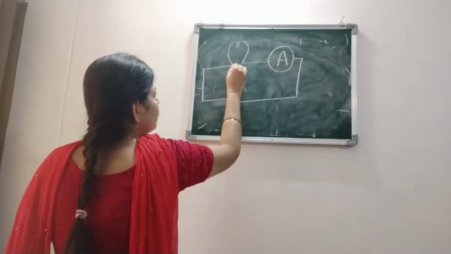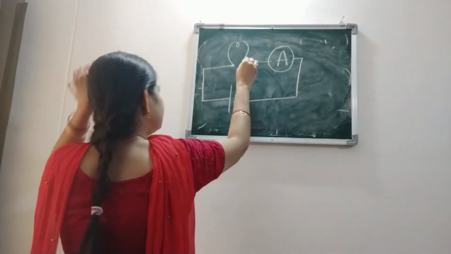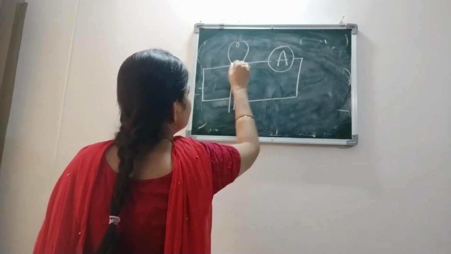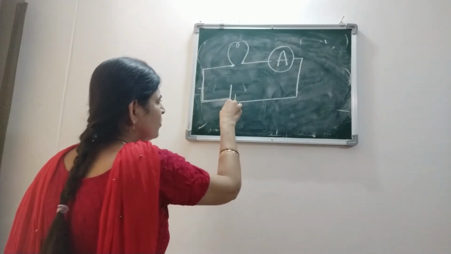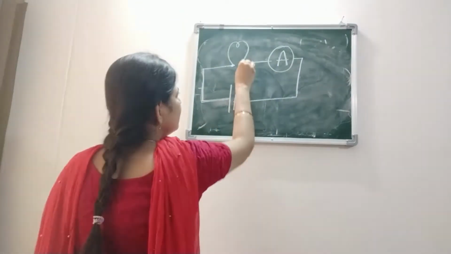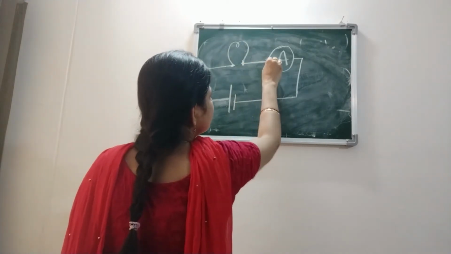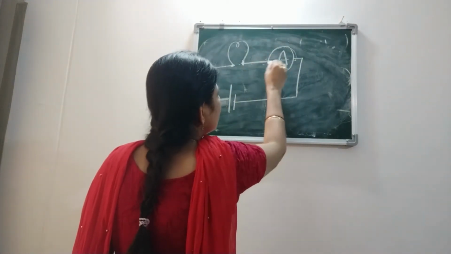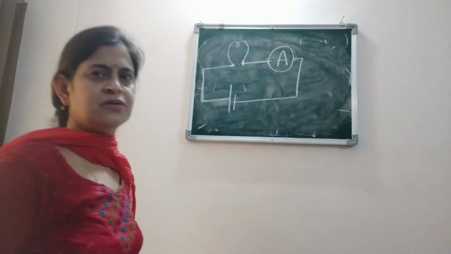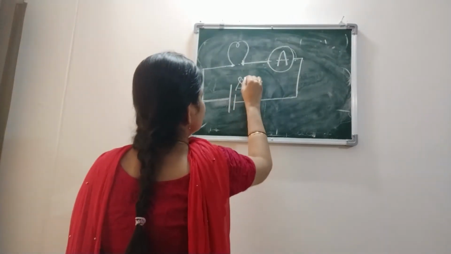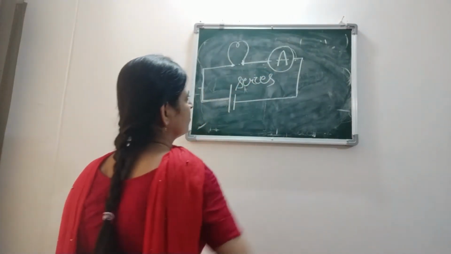That means one terminal of the bulb is connected to one terminal of the cell and another terminal of the bulb is connected to the ammeter. Means they are continuously connected. So this type of connection is called a series connection.